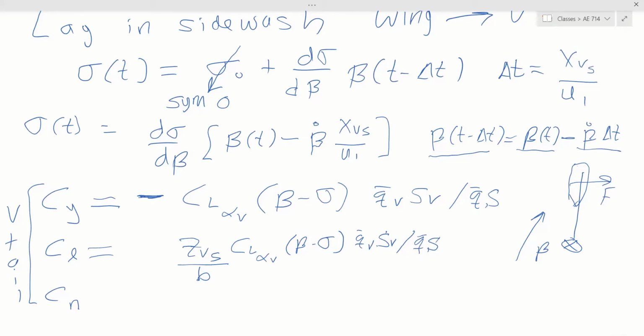And a positive beta produces a negative rolling moment if the vertical tail sticks up, which is what gives us the CL beta stability to begin with. And then for the yawing moment of the vertical tail, it's the moment arm back times the force.